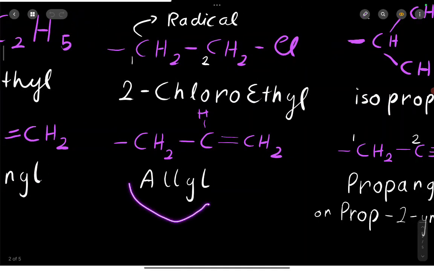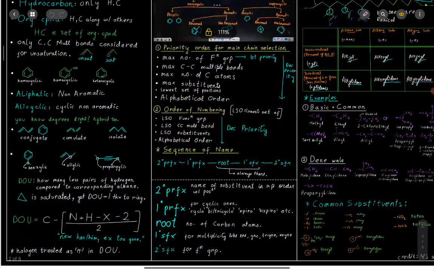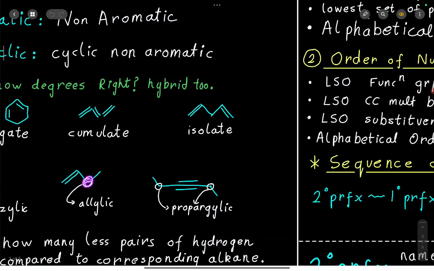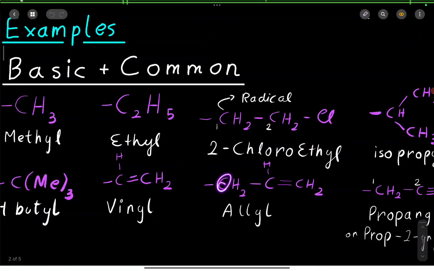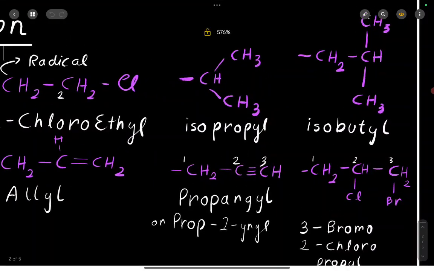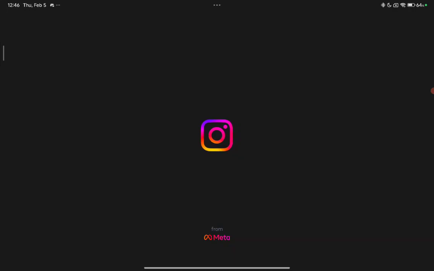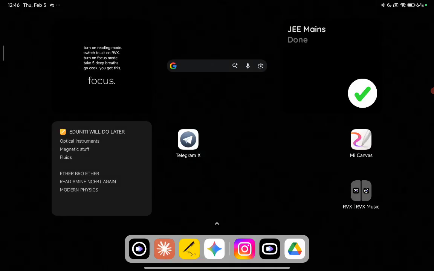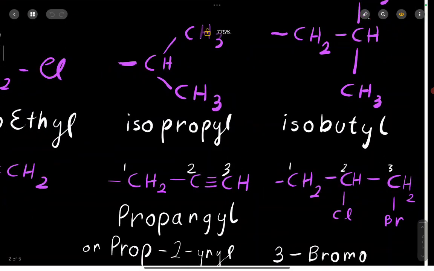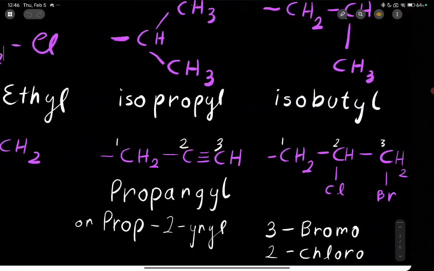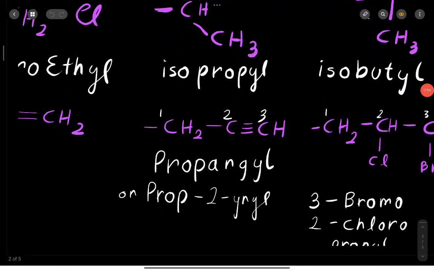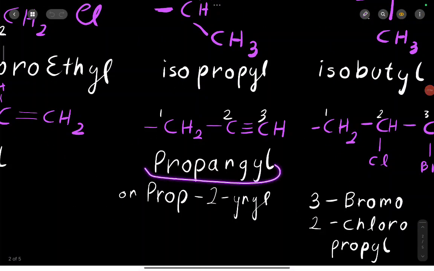This is an allyl, where, if you remember, we learned here, this is called the allylic position. And if that allylic carbon just so happens to be the radical carbon of the substituent, then we call this entire substituent the allyl substituent. Similarly, this is called the propargyl substituent.